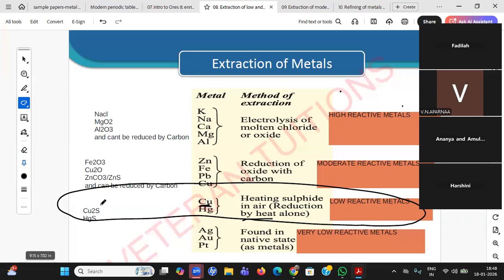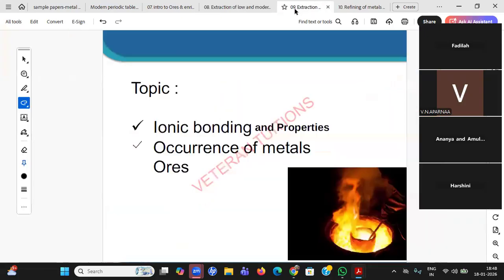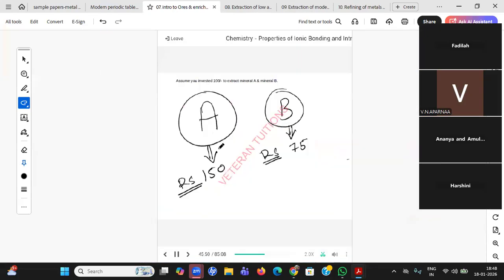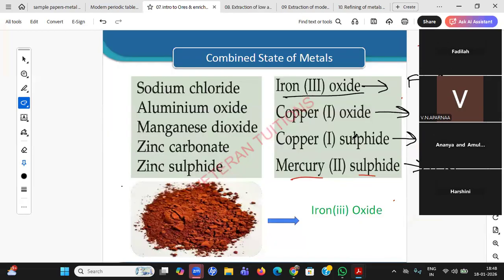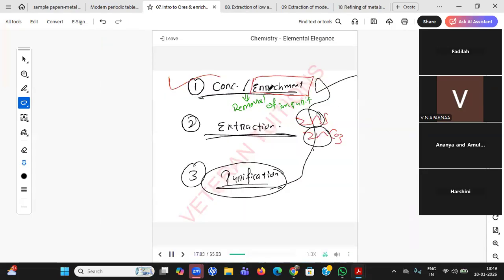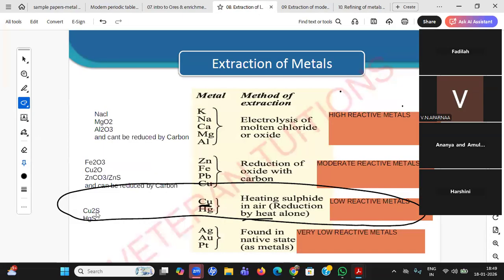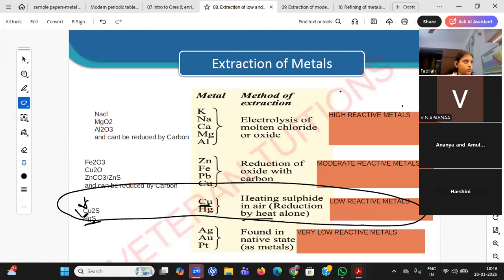Copper sulfide. I want to remove copper from copper sulfide. Next is mercury sulfide. I need to remove mercury from mercury sulfide. That is what the first extraction method is. Now let us start with mercury sulfide first.